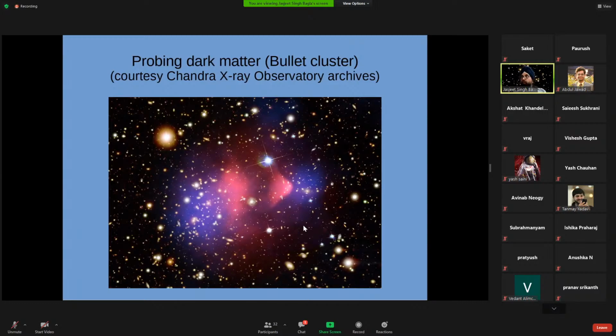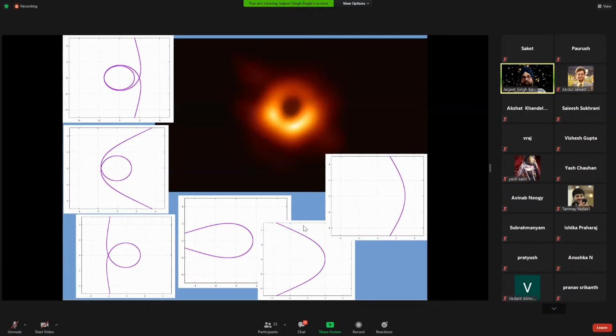And of course, we know that gravitational lensing has been tested in the extreme strong gravity regime as well. This is from the Event Horizon Telescope, where we see this ring-like image because any unbound orbit cannot come closer than about 1.5 times the Schwarzschild radius of a black hole. So as you try to bring the photon trajectory closer, it bends more. It begins to loop around once, twice, thrice.